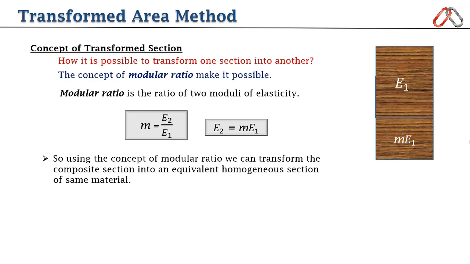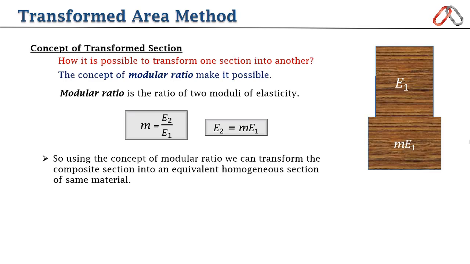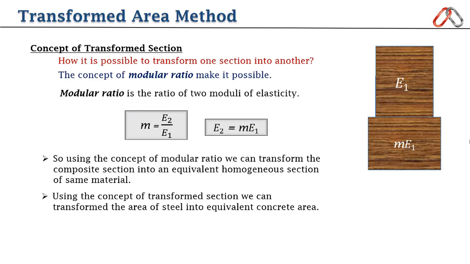The area of transformed section may be less or more as compared to initial area. It depends on value of modular ratio. In similar way, using the concept of transformed section, we can transform the area of steel into equivalent concrete area.